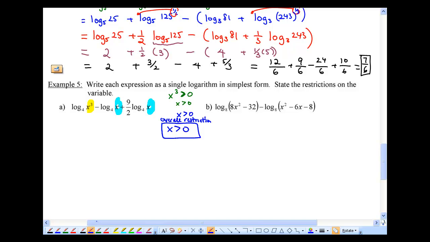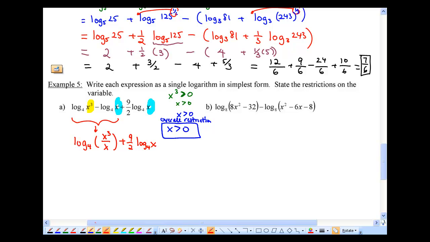Okay, so now how do we actually simplify this into a single logarithm? I want you to make sure you can put all this together into one single logarithm. If you look at the first two terms, I see subtraction, so that becomes division. So that's log base 4 of x cubed over x. We still have this 9 over 2 log base 4 of x.